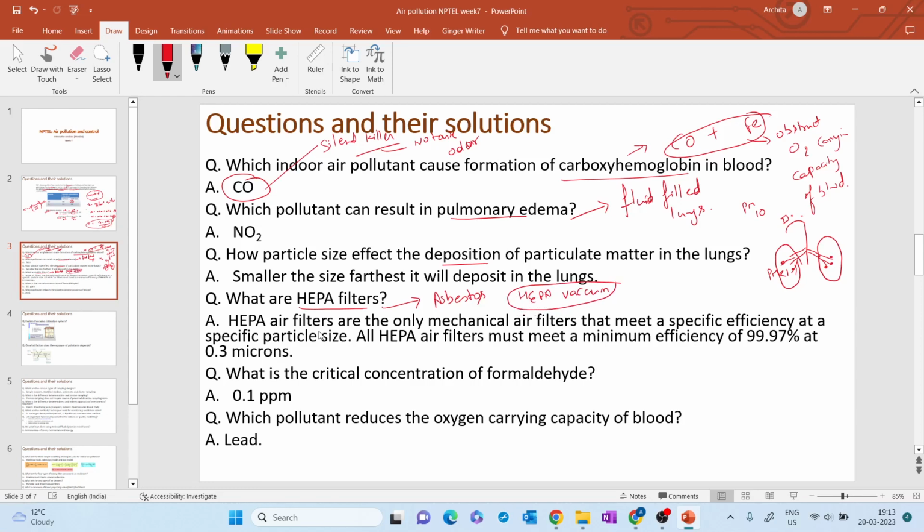HEPA is an air filter which is very highly efficient, and there are some filters with an efficiency of, let's say, 50%.